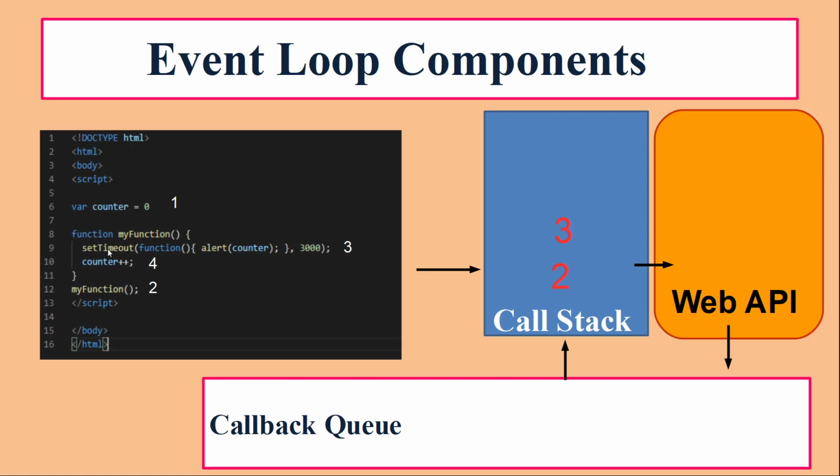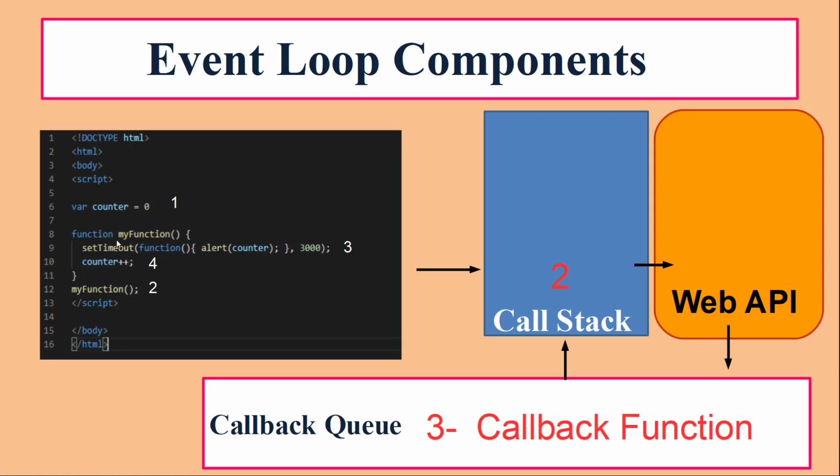The JavaScript engine sees that it's a timer, so it moves it to the web API. Let's say that timer is really short, and it goes straight onto the callback queue. While that callback function is in the queue, the call stack automatically adds number 4 in. This can be executed straight away.